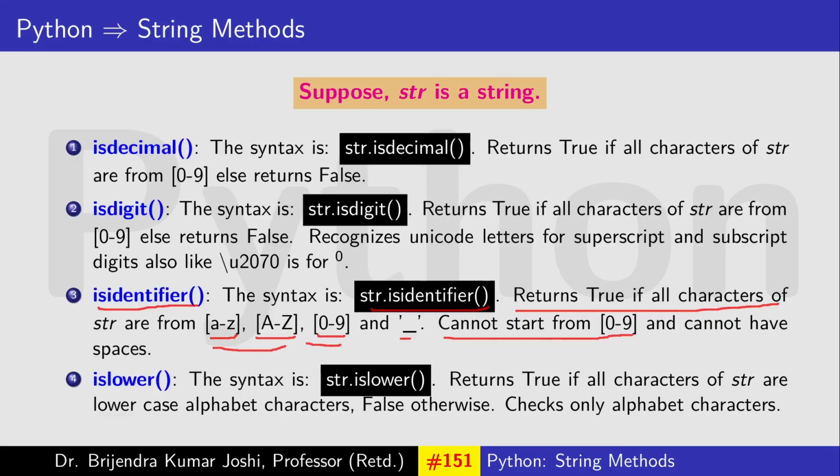Second character onwards may include any number of digits. So this will return true, otherwise it will return false.